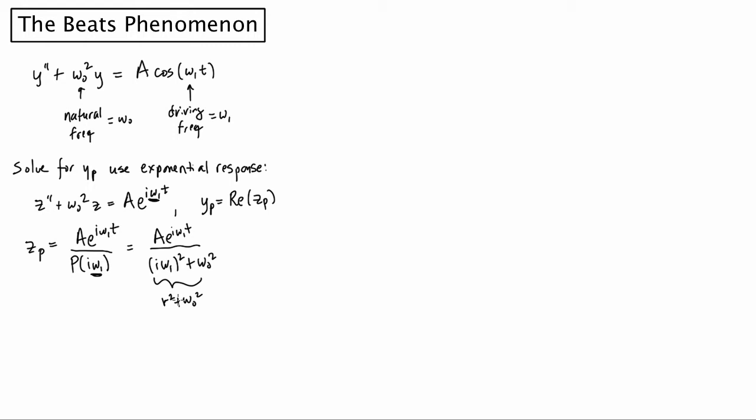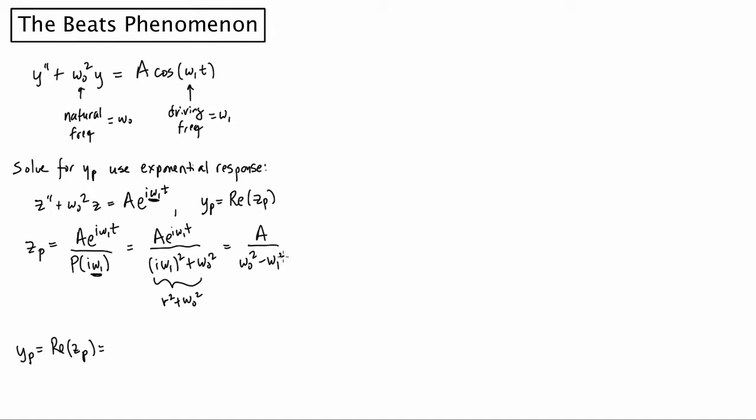Alright, so taking this a little bit further, I need to find my particular solution y sub p by looking at the real part of z sub p. Here, i squared is negative 1, so we switch the order.